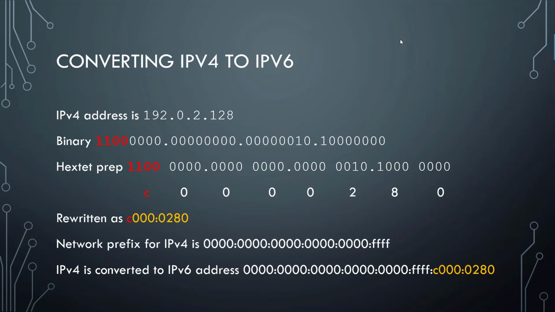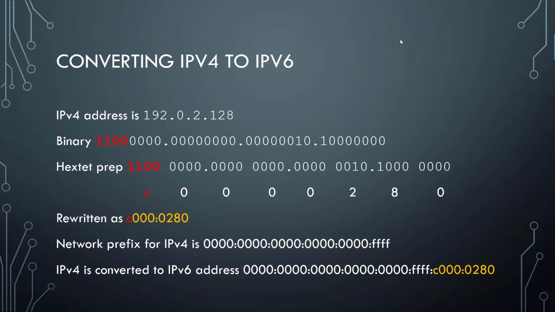Then everything else, we do the same conversion. Because we've broken all the octets up into hextets, we have the 0, 0, 0, 0, and then the hextet of 0010 is a 2, and then we have a next hextet of 8, and then the final hextet of 0. So we rewrite that conversion into 2 hextets of C000 and 0280.